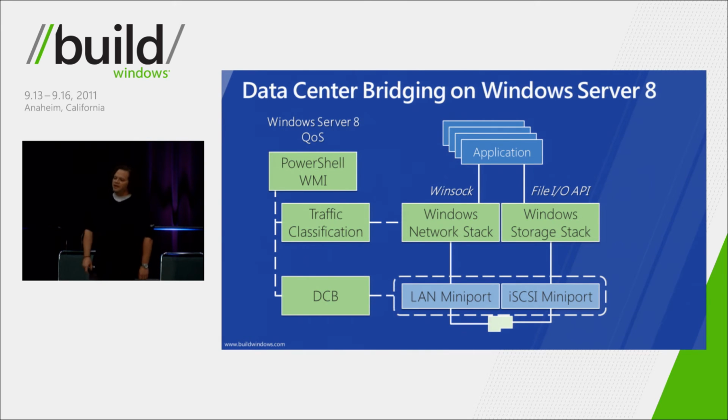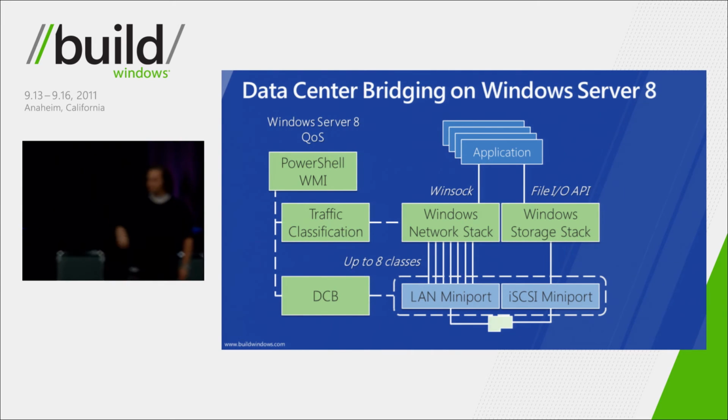And so you can apply policies that will classify traffic into multiple traffic classes. Those were the TCs that were in the PowerShell output. And you can classify it into up to eight classes of traffic. And if you look really closely, there's only 7 lines there because storage is one of the other classes.